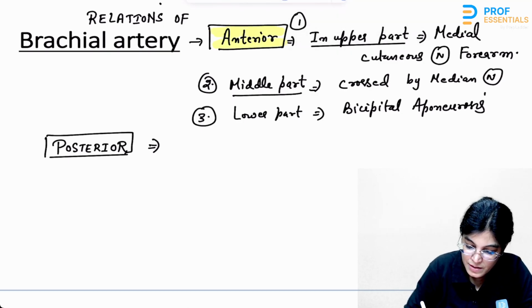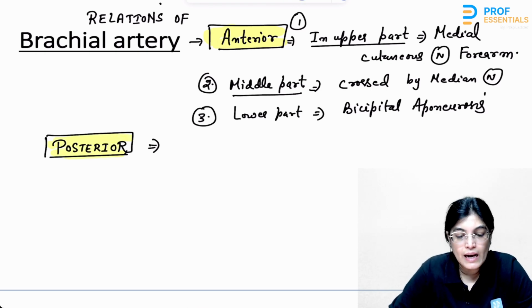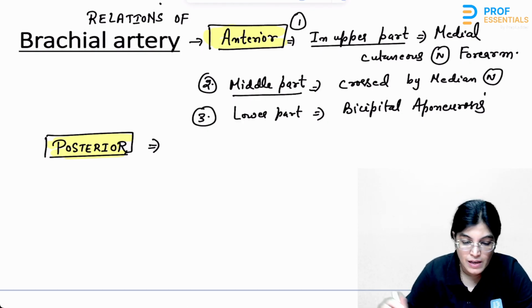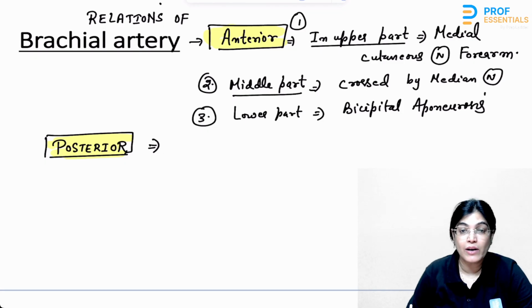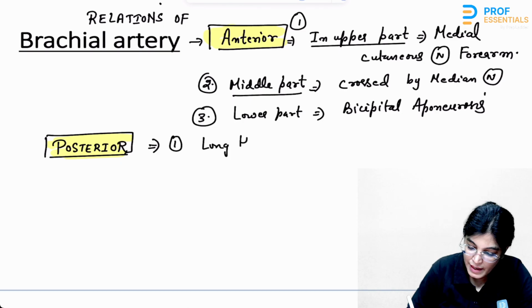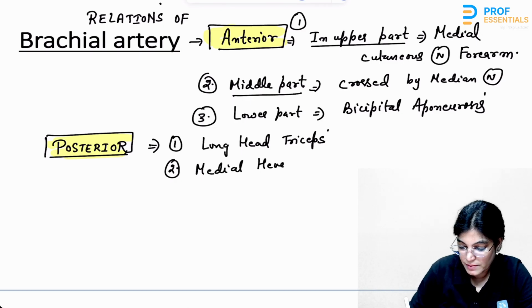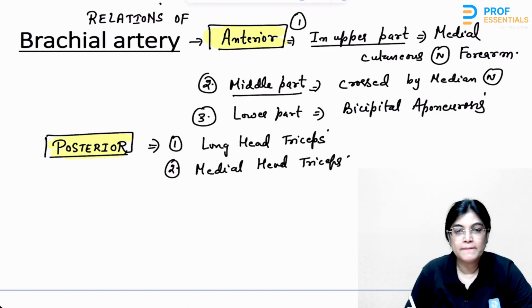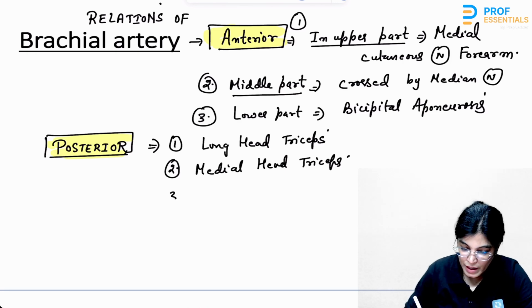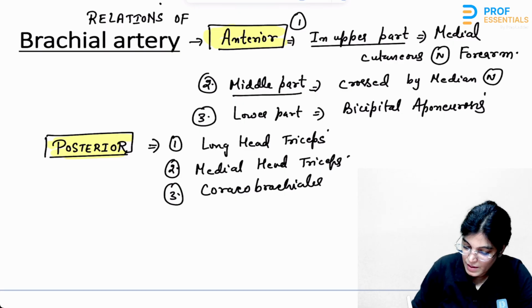The brachial artery has relations posteriorly with the long head of triceps, the medial head of triceps, the coracobrachialis muscle, and the brachialis muscle.